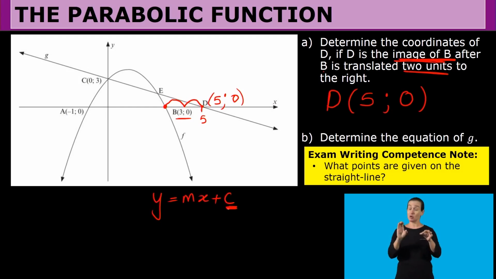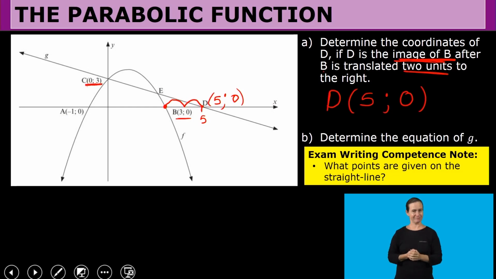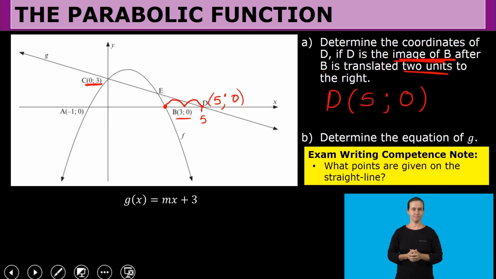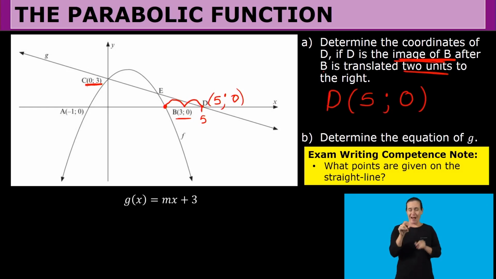But when it comes to that value of c, that is also the y-intercept. And since we already have the y-intercept given to us, with a value of 3, it means that we can write down our standard form as mx plus 3, which means now we just need to find the gradient.